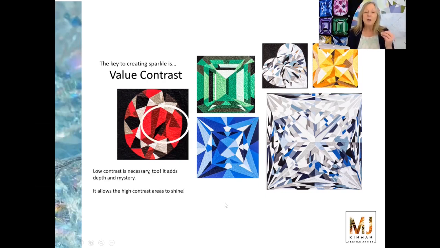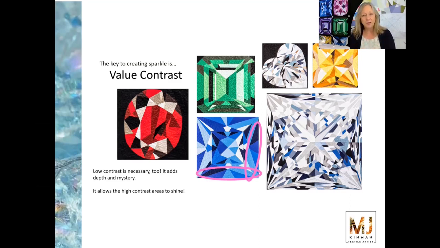Now, to have that contrast, you've got that high contrast, lights, darks together, focal point. You also need low contrast. You need areas that kind of smolder. Basically depth and mystery. So you can see in these gemstones, I have also created places where it's a subtle change of value.